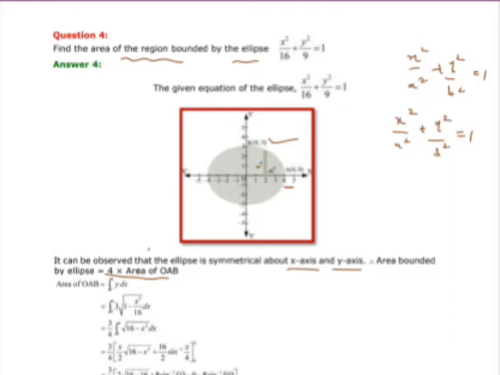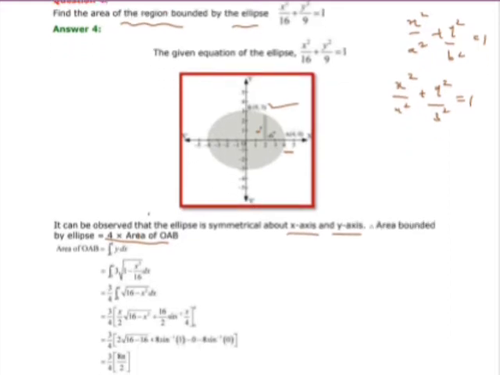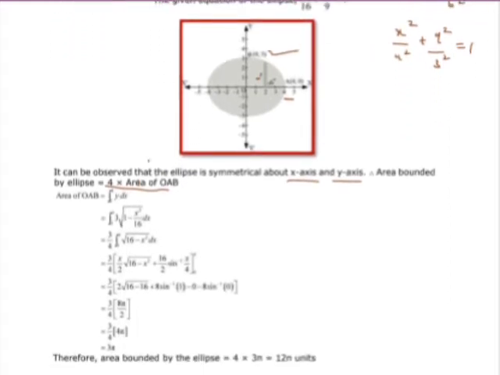After multiplying all 4 sides, you will get the region under the ellipse. So the area OAB, just this region, is integration 0 to 4 of y dx.